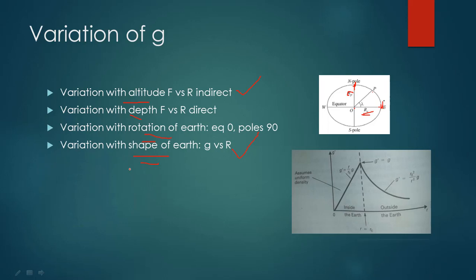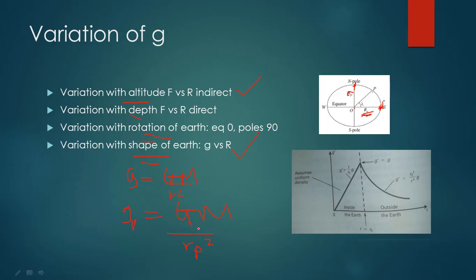As usual tulivyokuwa tunafanya, tutaanza kwa kusema g ikiwa kwenye surface. Sasa ikiwa tuseme at point ya equator hapo, distance RE, so itakuwa ni GM over RE squared, na ikiwa kwenye point ya pole itakuwa ni GM over radius ya pole squared.